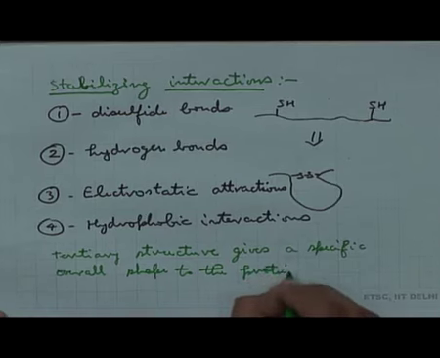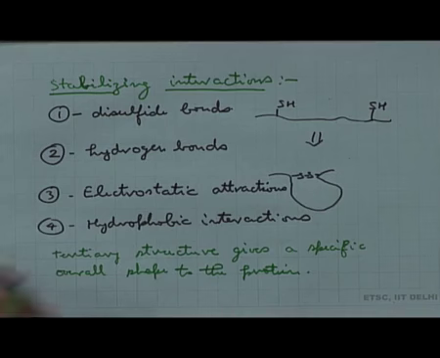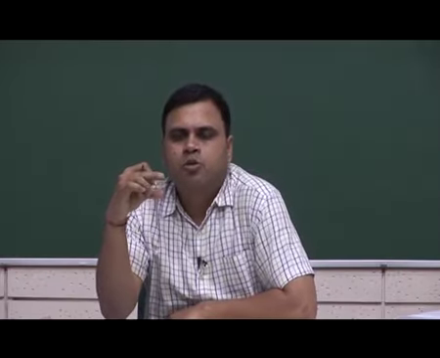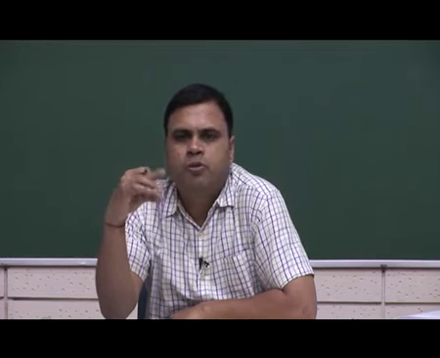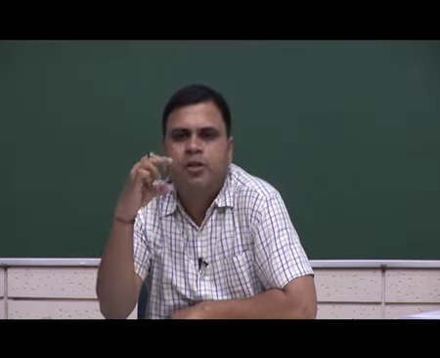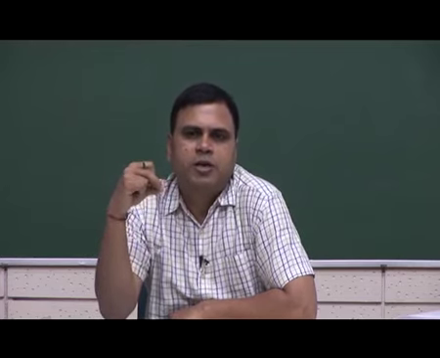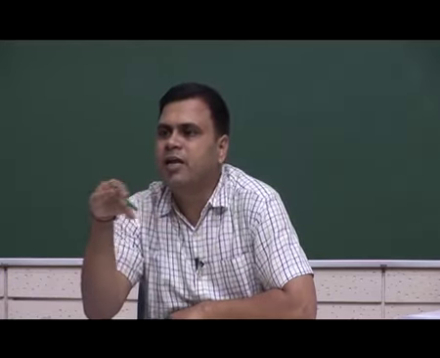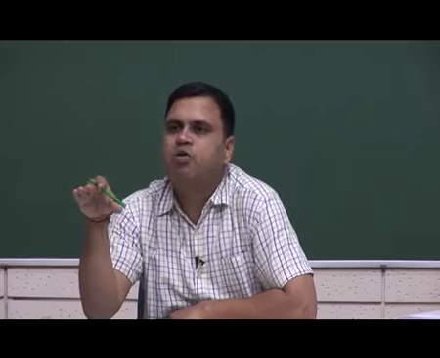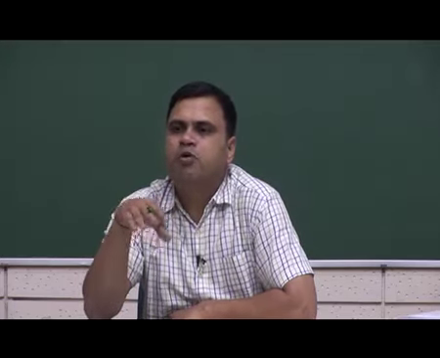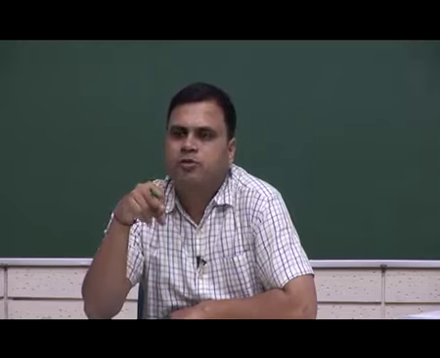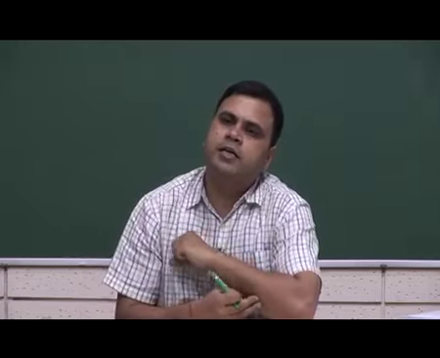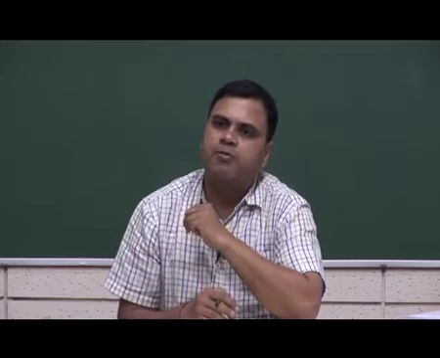What does it mean? As I mentioned, in the alpha helix, the coiled structure, two amino acids that have a 4 residue gap can get involved in hydrogen bonding. Another is the beta pleated sheet. In the beta pleated sheet, again the carbonyl of one peptide group and the NH of another peptide group can be involved in hydrogen bonding. It can be parallel or anti-parallel, two types are possible.